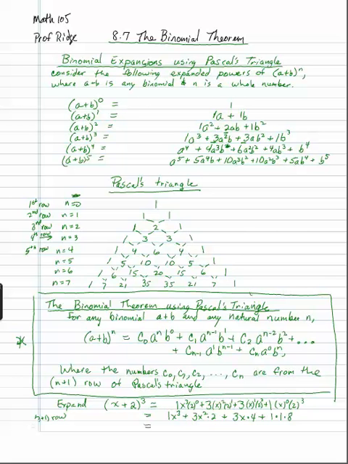So I'm going to end up with x^3 + 6x^2 + 12x + 8. That's my final answer. So that's using the binomial theorem.